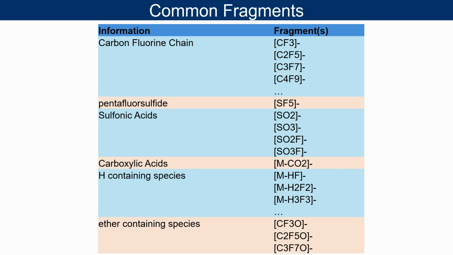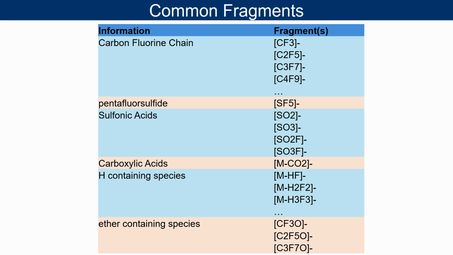Carboxylic acids, this is what's called a neutral loss. So instead of describing the fragment in terms of what remains, we describe it in terms of what fell off. So in this case, the carboxylic acid, the class of that molecule, the head group, the CO2, falls off and you're left with the remaining carbon-fluorine chain.